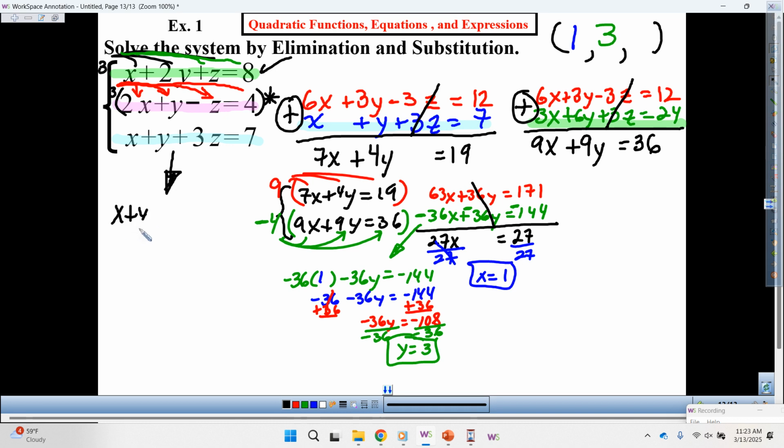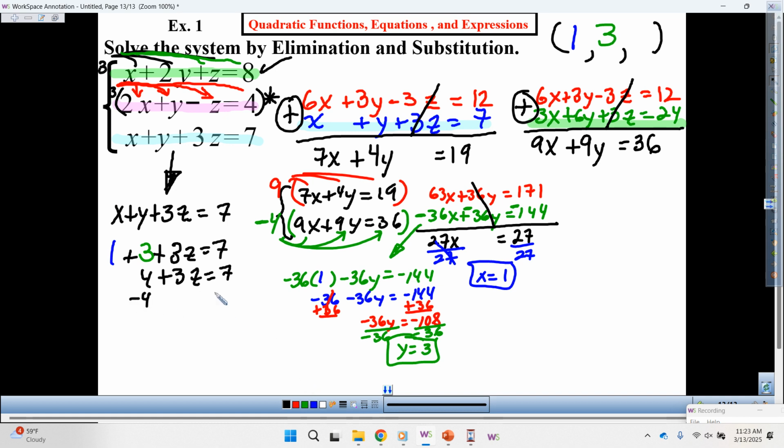We got x plus y plus 3z equals 7. But we already have x and y, so let me put x and y. X was 1. Y was 3. So this is 4 plus 3z equals 7.